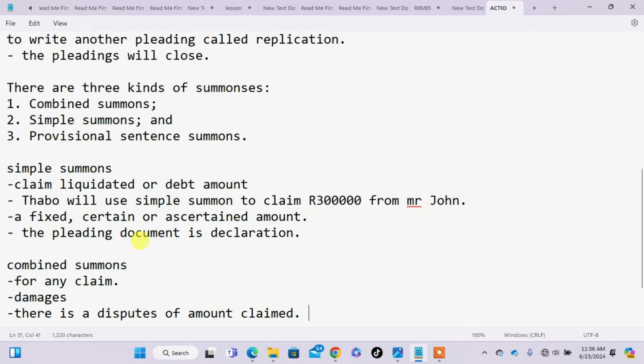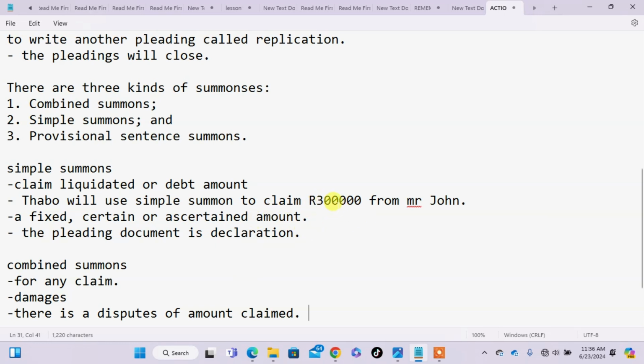So if you go to the dealer and take a car, you have to be paying 10,000 per month. Maybe you have taken a car that was worth 300,000, and you're able to pay 200,000. Then you spend 3 months without paying the other amount. This will be a simple summons, where your dealer will just say that the person owes me 100,000.